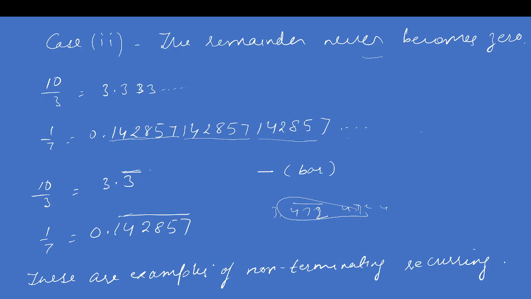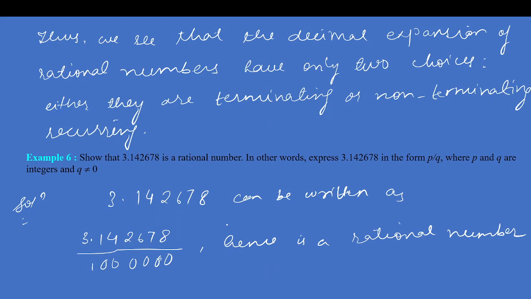Now you will come to the definition of rational numbers. Thus, we see that the decimal expansion of rational numbers has only two choices: either it is terminating or non-terminating recurring. This you have to remember.